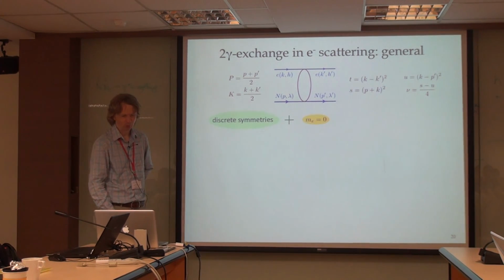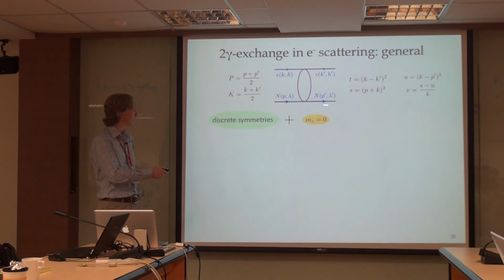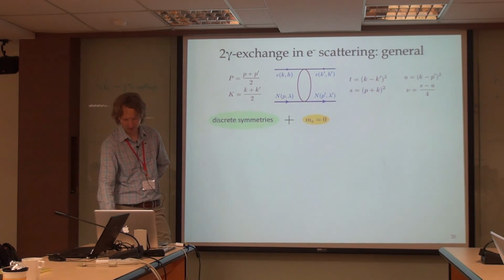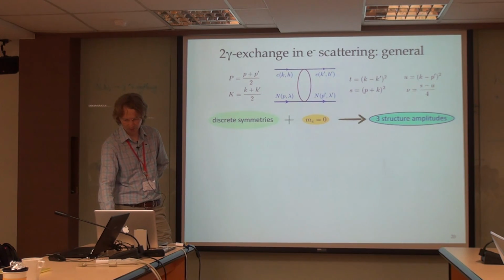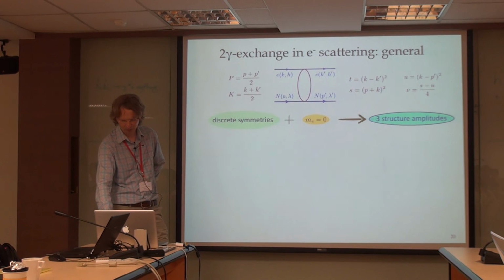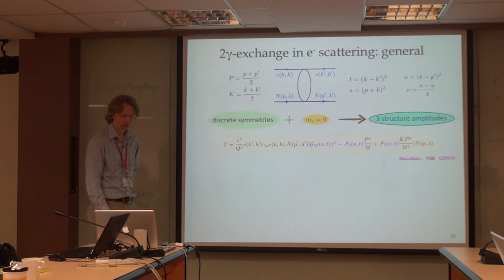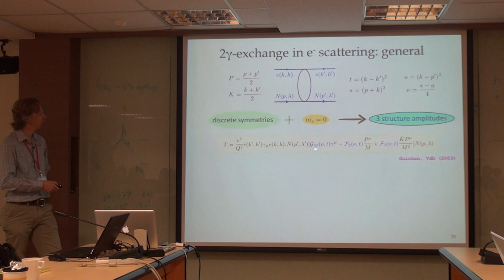And so if you apply these discrete symmetries, which are parity and time reversal, and use the fact that electrons are here ultra-relativistic, you get 3 independent helicity amplitudes, or equivalently, one can parameterize them as structure amplitudes. And actually this is shown by this formula.